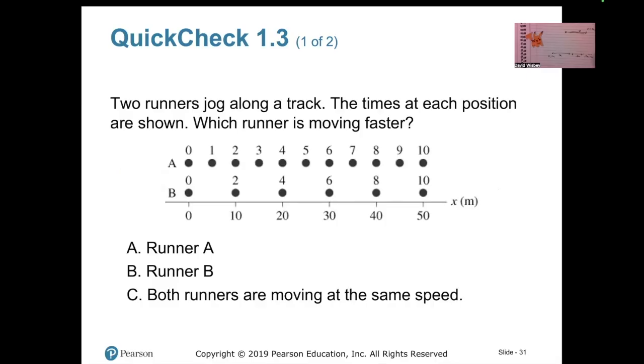Every second there's a dot, and they're at the same position as the dots shown for runner B. So we can see that A and B at time two, their dots are in the same place. Same thing here at four. There are fewer dots for B, so it might look like they're traveling farther, but these are the same distances at the same time. So both runners are moving at the same speed.